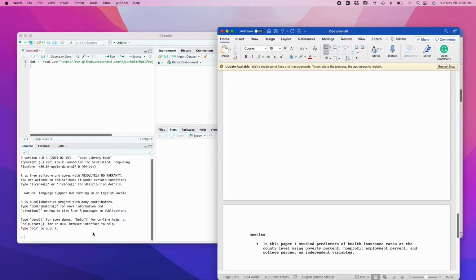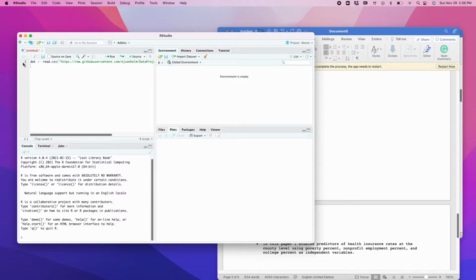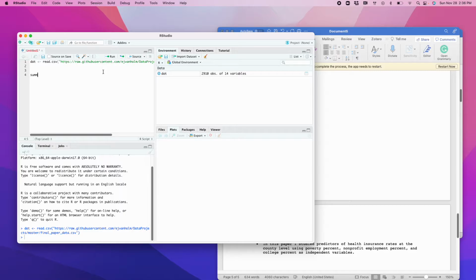Before we write any more, let's actually do the analysis. So I need to read in the data again, and then I need to run my regression. And so this is, of course, covered in the chapter on regression. But so I need to do no insurance percent as my dependent variable with POV percent and nonprofit percent and college percent.